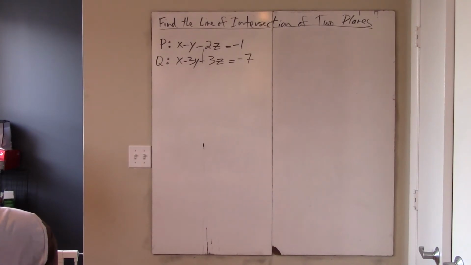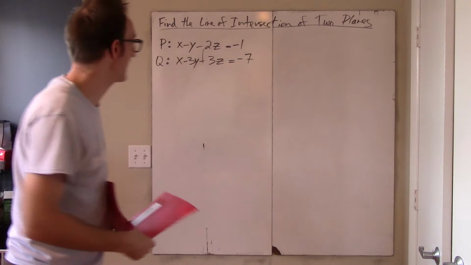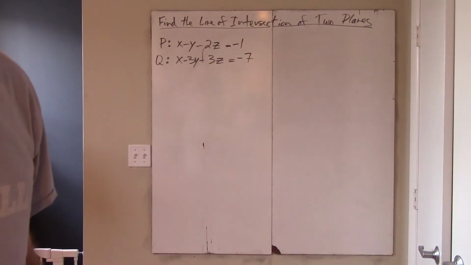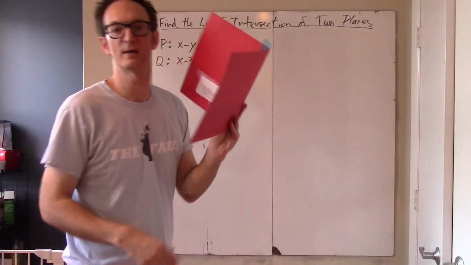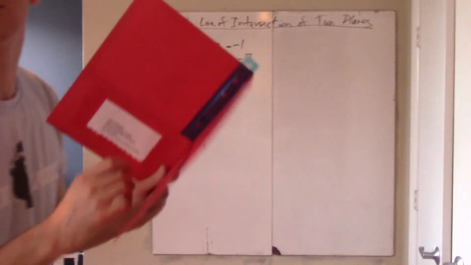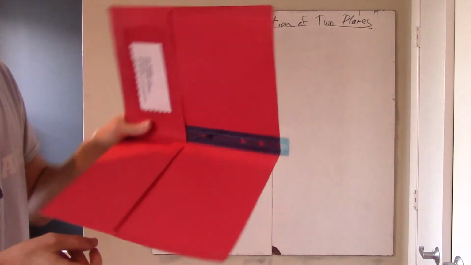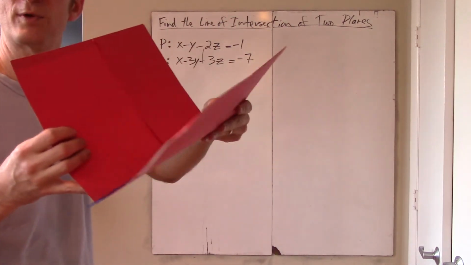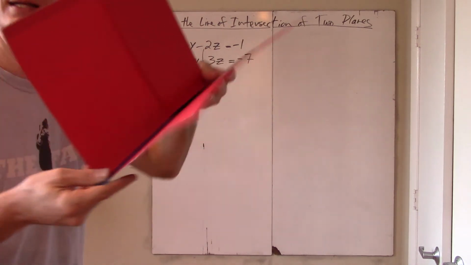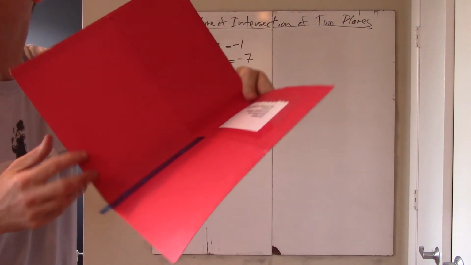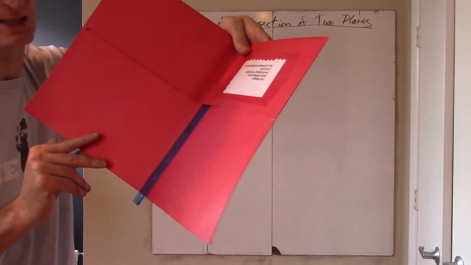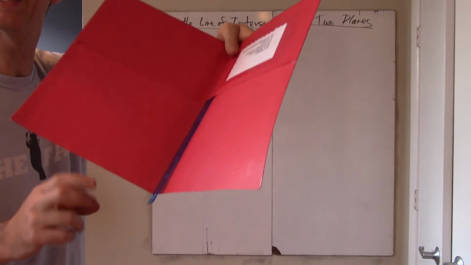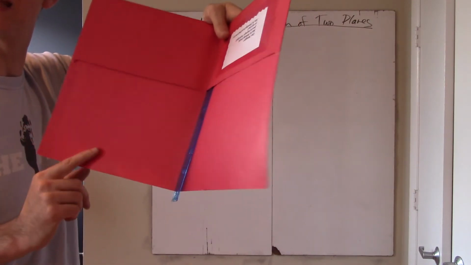All right, back at Blair, I have a pair of whiteboards that I duct taped together 10 years ago or something. But right now, this is the best I got. I have this red folder. So think of these two sides of the folder as being the two planes, and then the seam where they meet, which I have highlighted with this blue ruler, is the line where they meet.